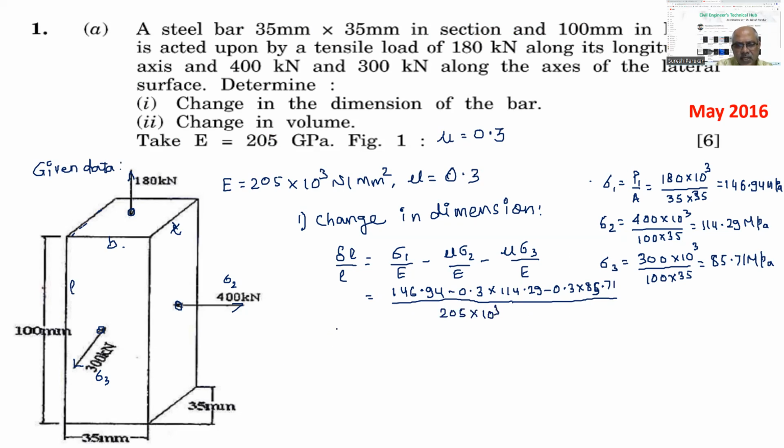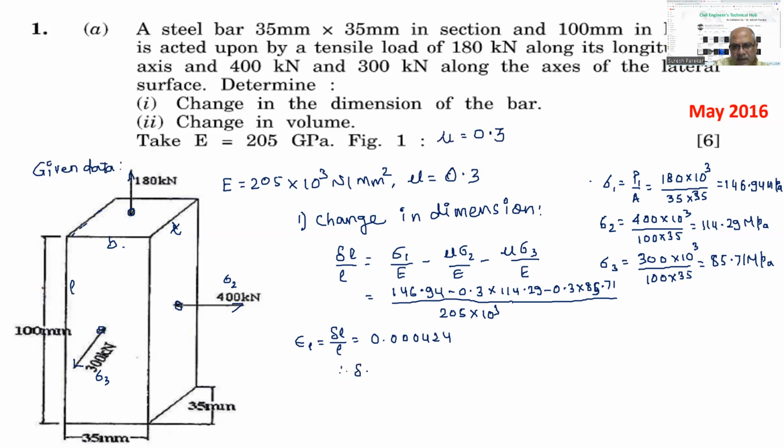From this we get the value of delta L by L equal to 0.000424. This is epsilon L, and it has no unit.